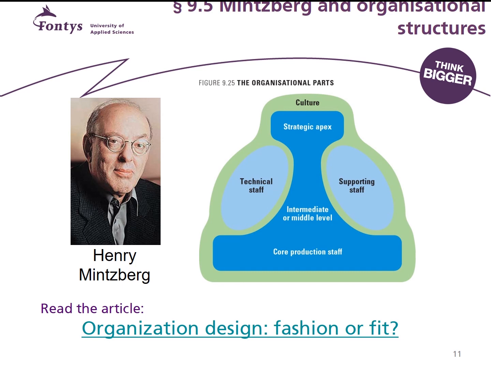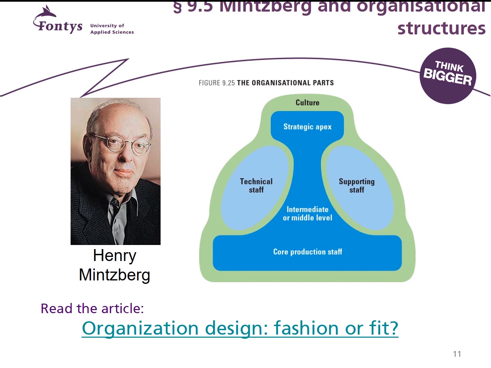And mostly in between there's an intermediate level or middle level of managers that make sure that the tasks and the goals that are defined by the top management are transferred and translated into action below.